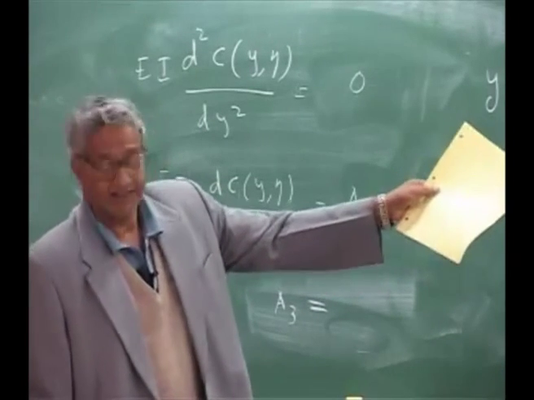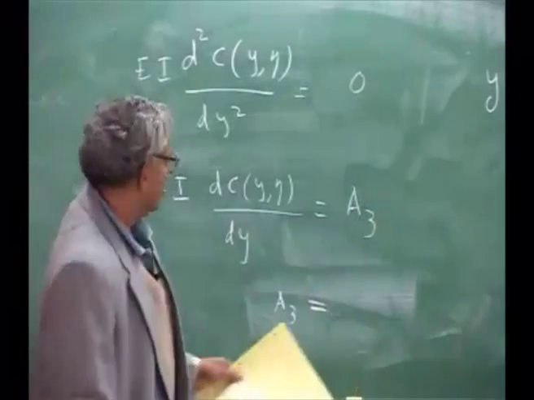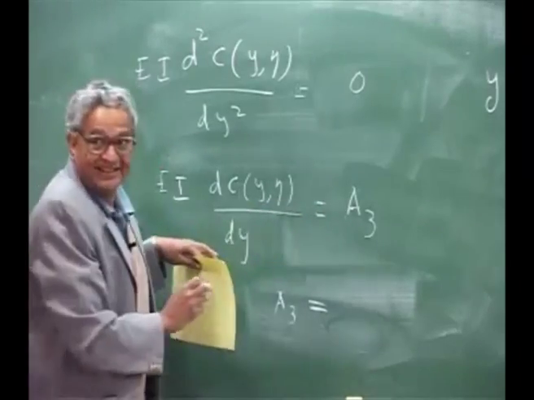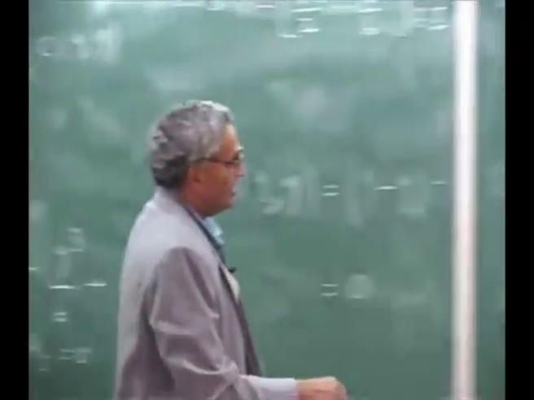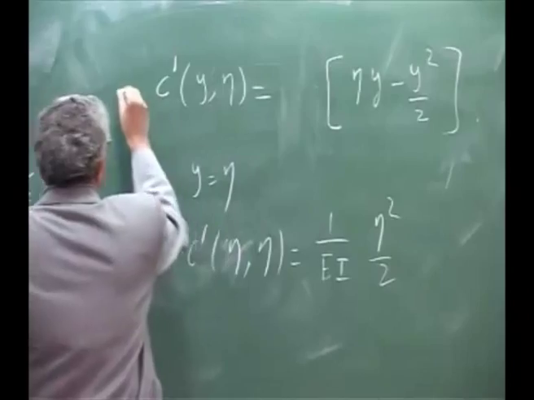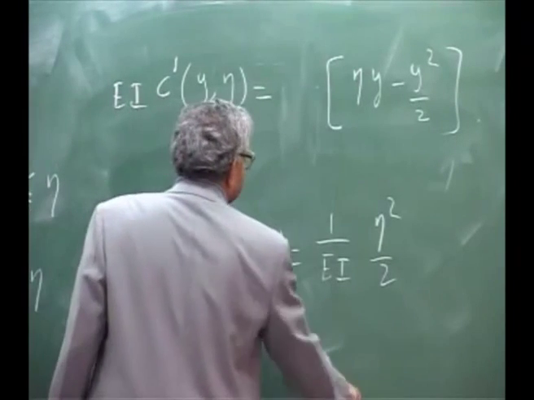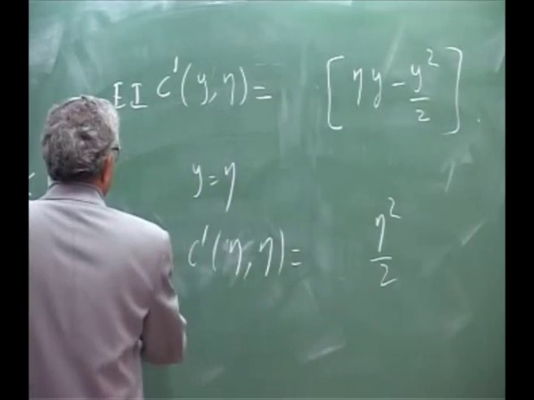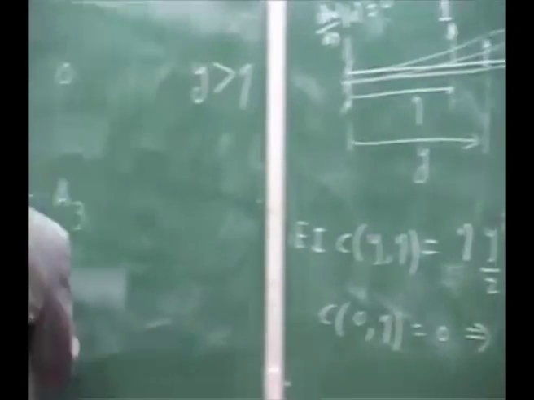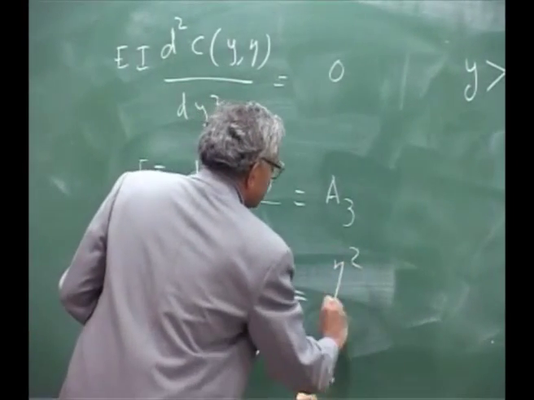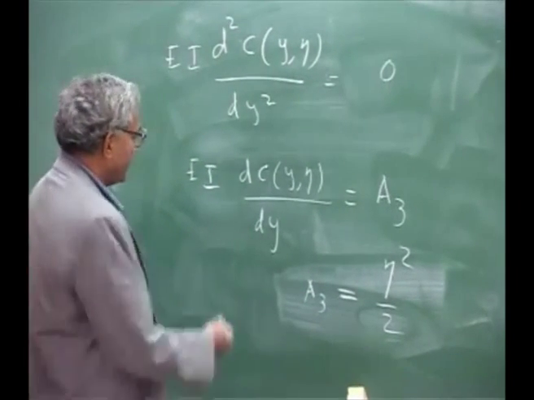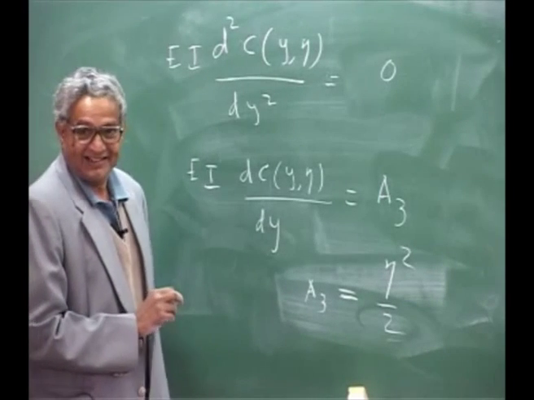I have taken 1 over EI. Otherwise, if you want to write it, this entire thing is A3, and this term will go here. This is what we had, right? So you will have EI, so eta square over 2. So I can write A3 as eta square over 2. Now once you substitute, you can again differentiate it.